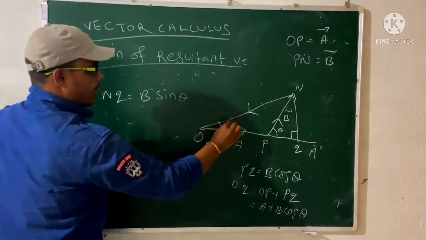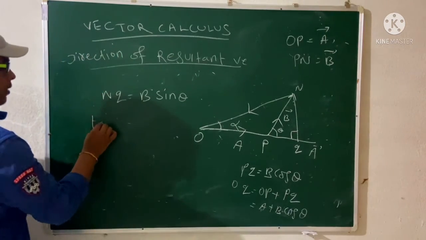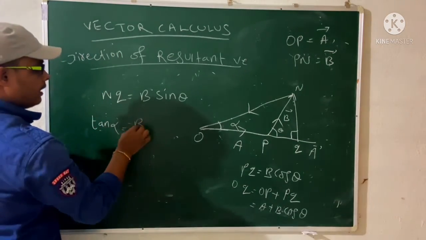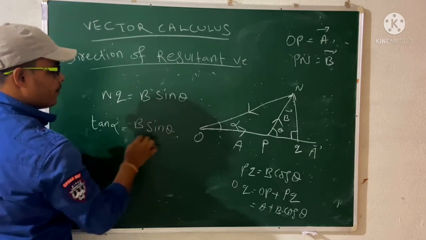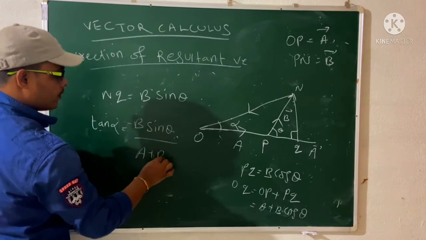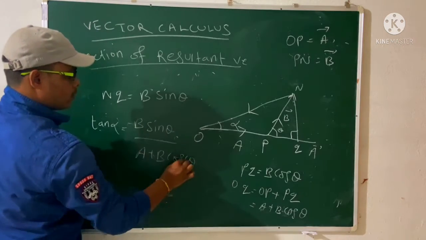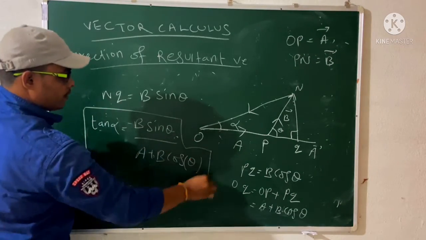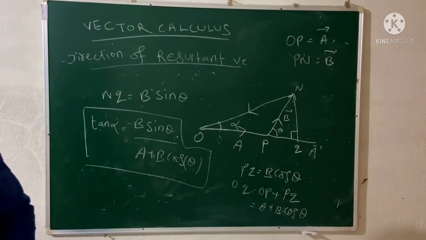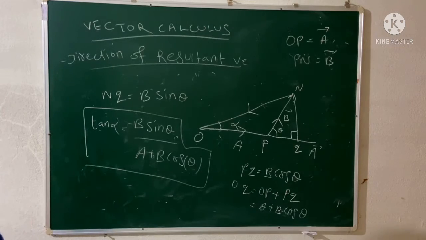So what will be my tan alpha? Tan alpha equals B sin theta divided by A plus B cos theta. So this is the final. We have calculated the resultant vector between the two vectors, A vector and B vector.